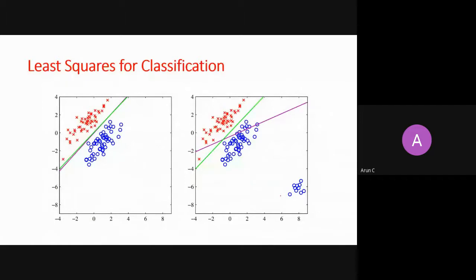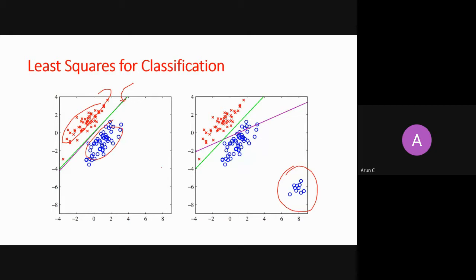Fine. The last point is that least square classification is not robust and it falls for outliers. For example, for this class 1 and this class 2, you will have a decision boundary which is shown in magenta here.